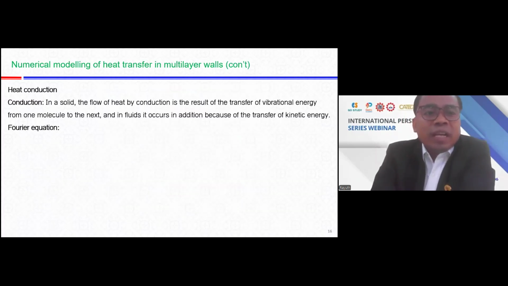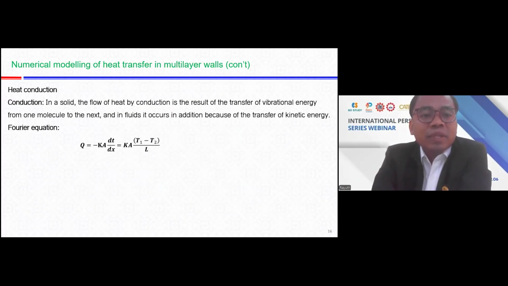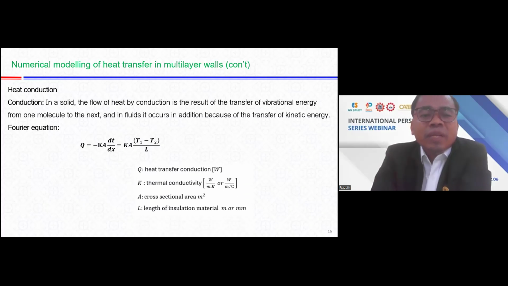We also look at heat conduction. I will not read the slide, but the equation we use is Fourier's law: Q equals minus K multiplied by A, the cross-sectional area, multiplied by the derivative of temperature, dT divided by dx, as the temperature changes from 1 to 2.